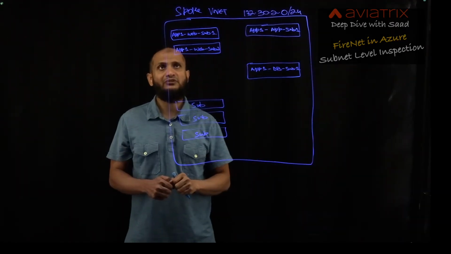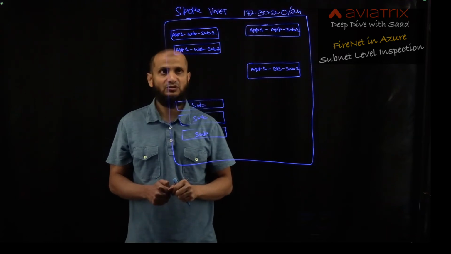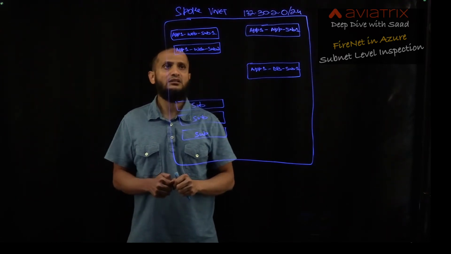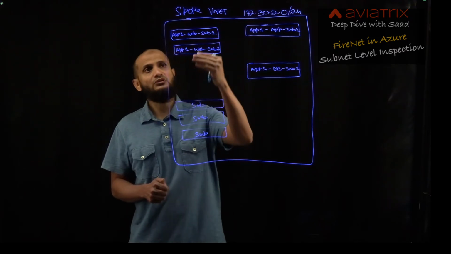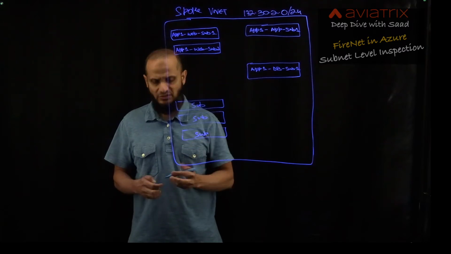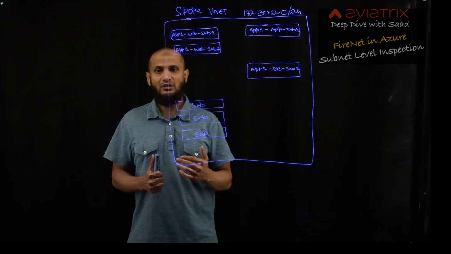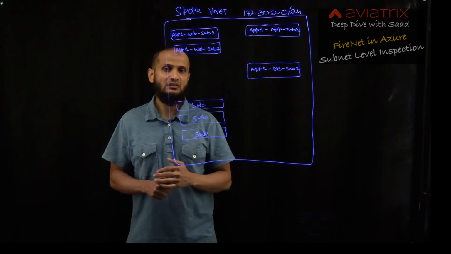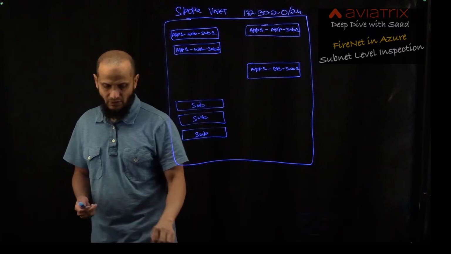In order for Aviatrix to achieve this Intra-VNET inspection or subnet level inspection, we define a new concept called the subnet group. We are going to group these subnets in a certain way so that whenever they want to communicate with each other, they can communicate using the VNet routing tables. What do I mean by that?